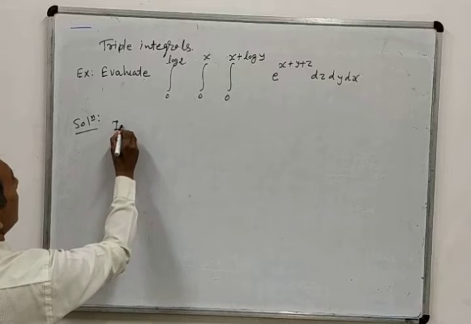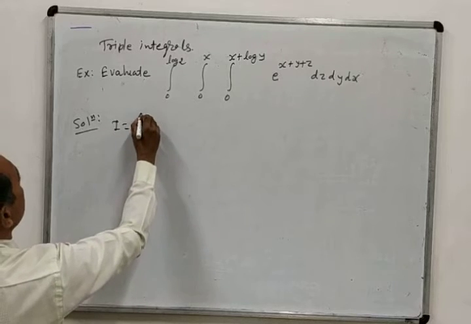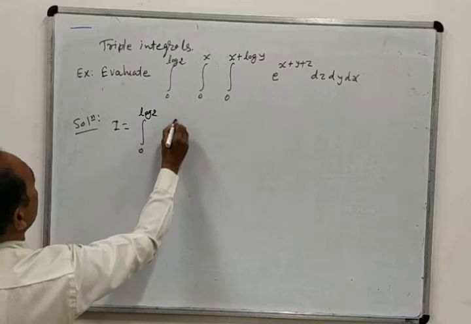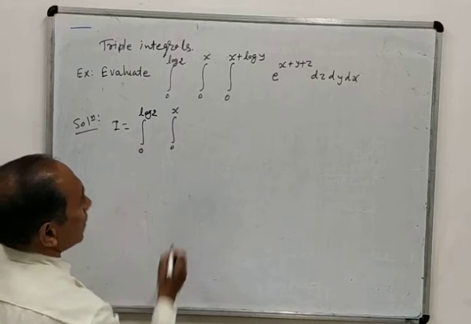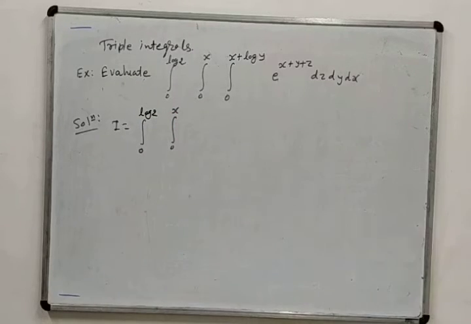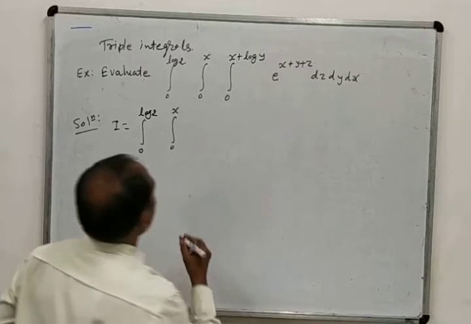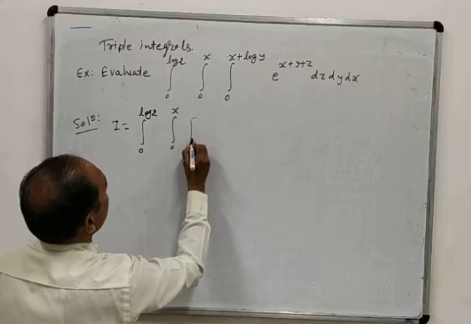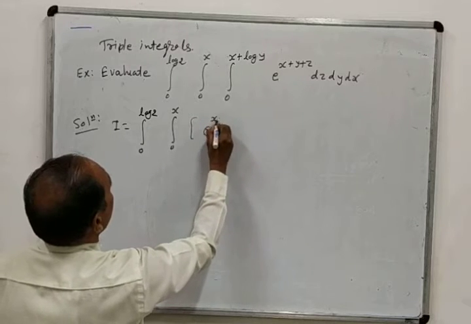So now I equals integral from 0 to log of 2, 0 to x. Here integration with respect to z. Here x and y are constants.